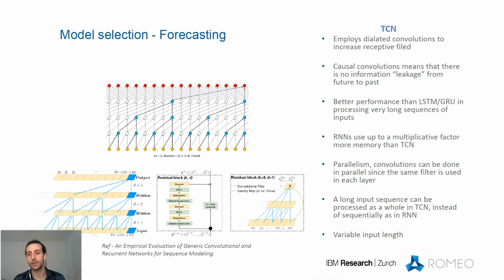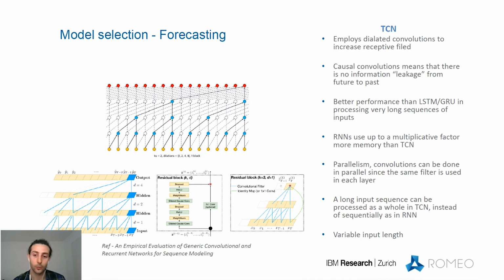Also, this is better in performance than LSTMs and GRUs, which are RNN-based architectures. This is because it can process even longer sequences. Again, this goes back to the dilated convolutions that it uses. Also, RNN-based architectures use a lot of memory, while TCN uses a lot less.